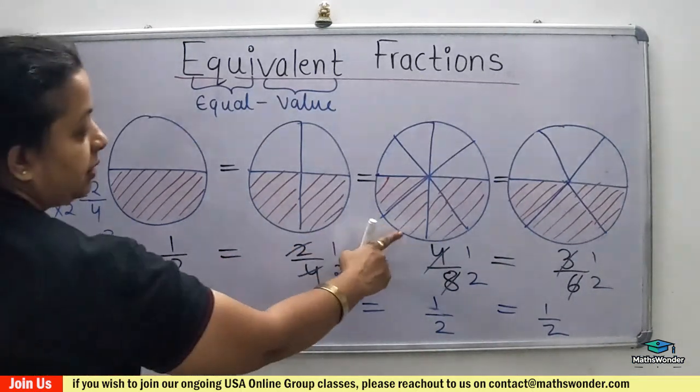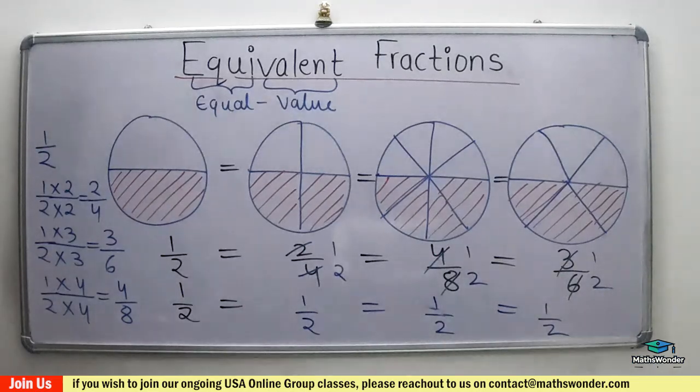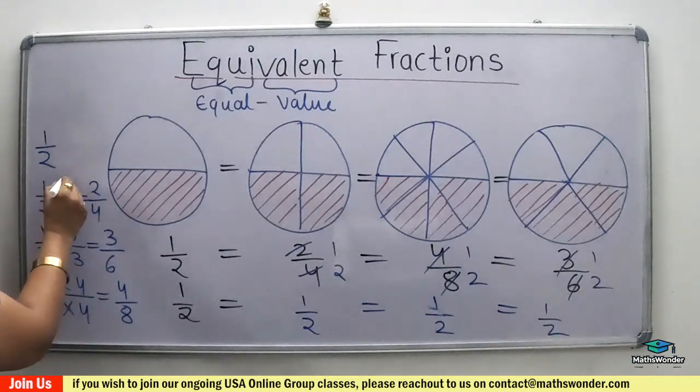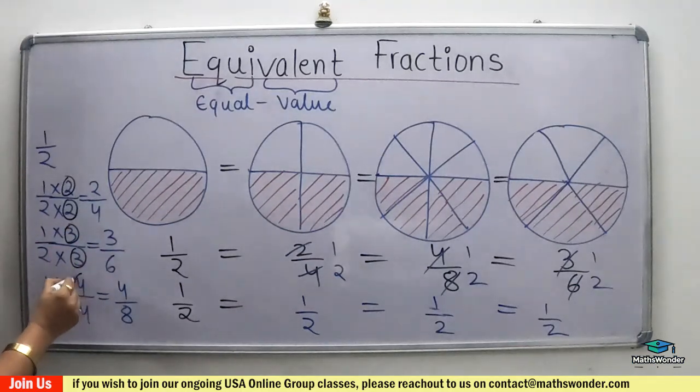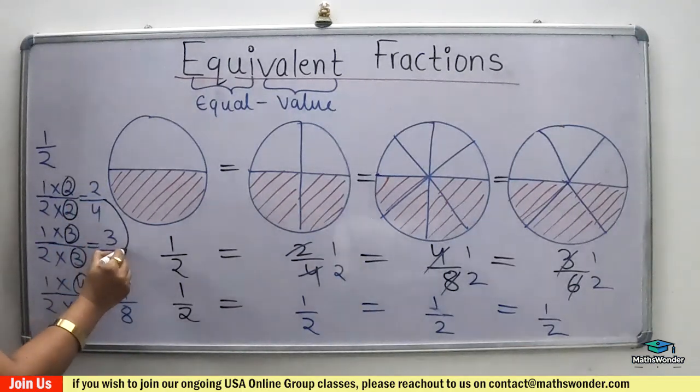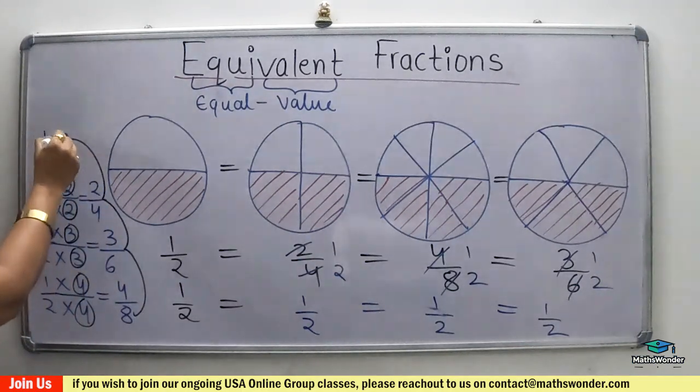So the concept is, we can make equivalent fractions by multiplying and dividing the numerator and the denominator by the same number. Here I am multiplying by 2, here 3, here 4. So they are giving all the equivalent fractions of 1 over 2.